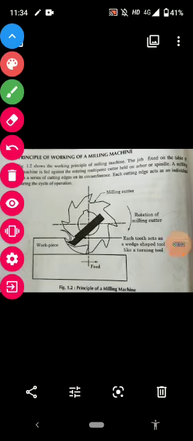Next we will discuss the working principle of a milling machine. Here is the basic line diagram in front of you.